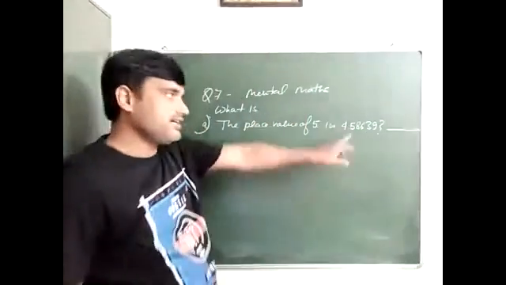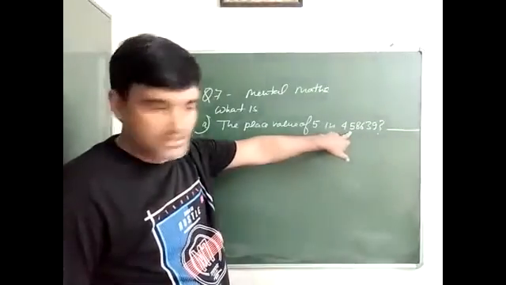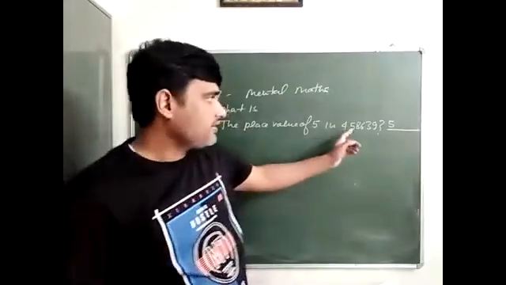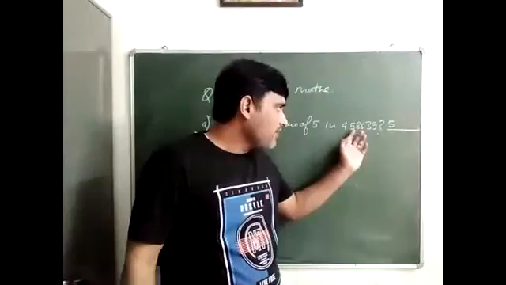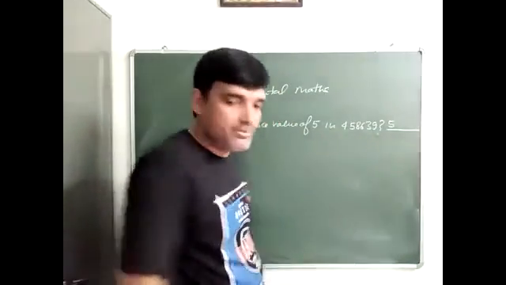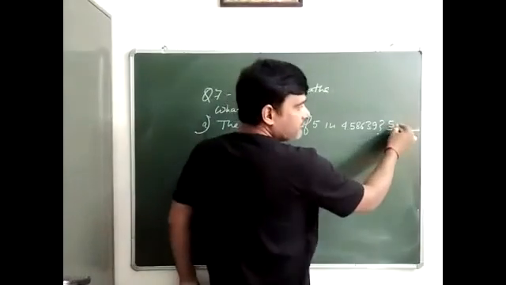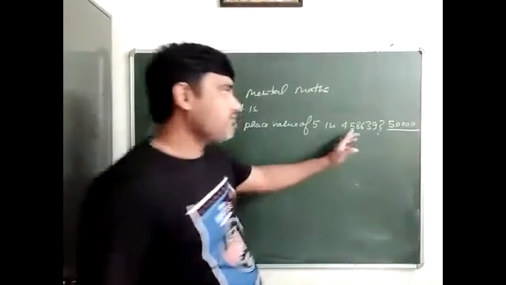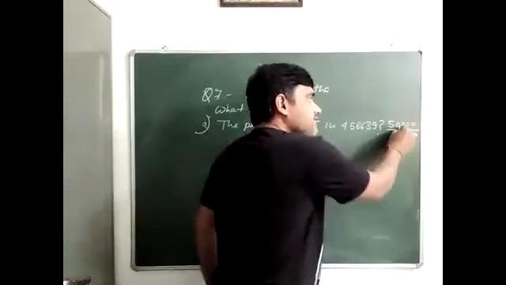Here you see that 5. Now we write 5 first. Right? Now after 5 we count the number of digits, 1, 2, 3, 4, and we put to the right of 5 four zeros. Now place value of 5 is 50,000.